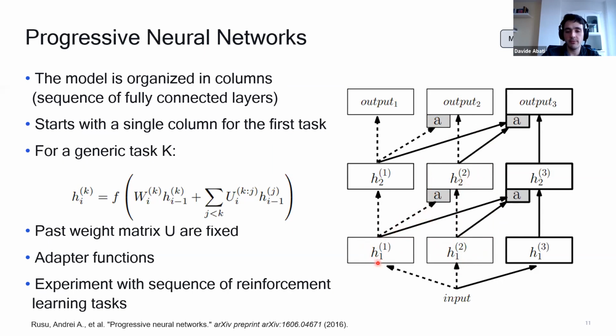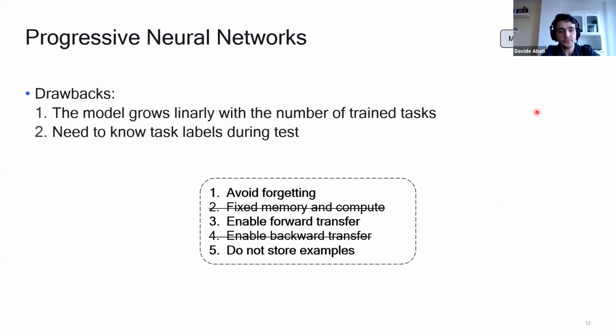If there is some feature extraction here that was trained on task 1 and is helpful also for task 2, it will be taken advantage of by this layer. And of course, this column is fixed, so it cannot change, it cannot lose the first task, and we're just training these parameters. And then we have another column for task 3, and so on and so forth. I hope this is clear.